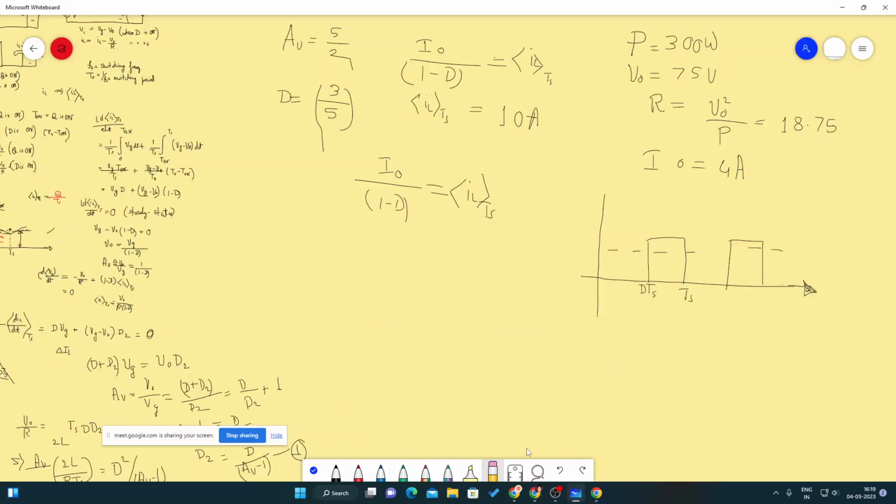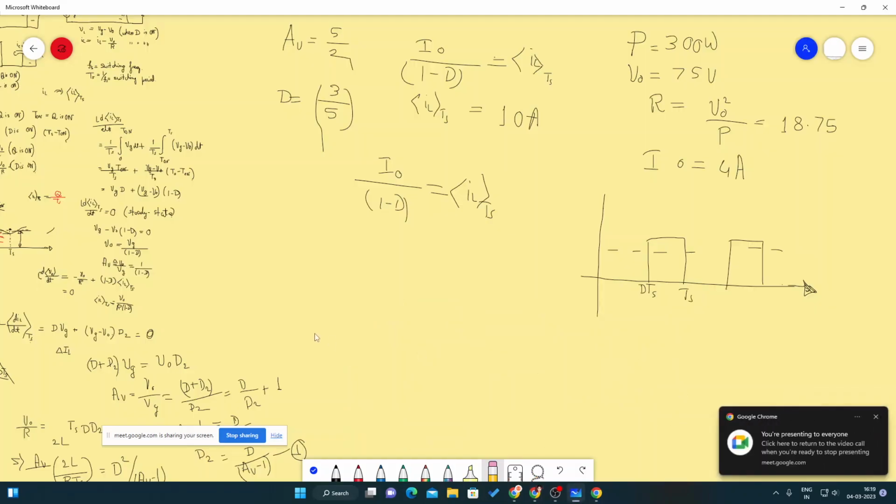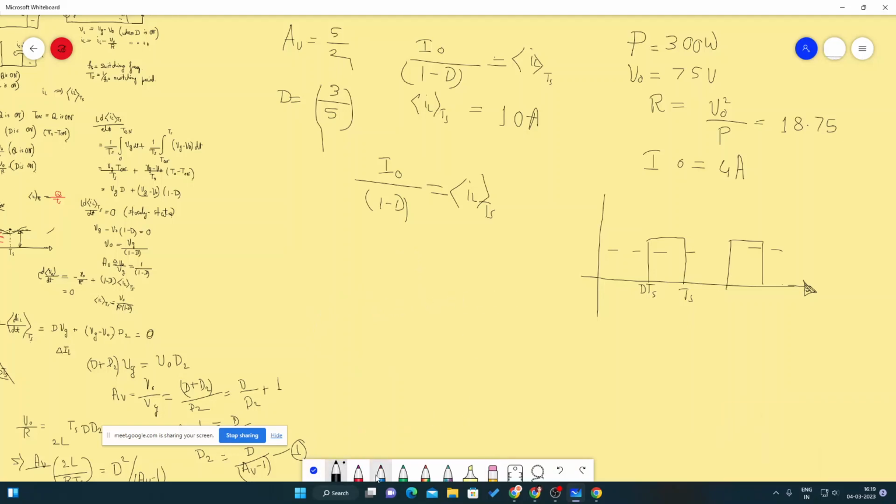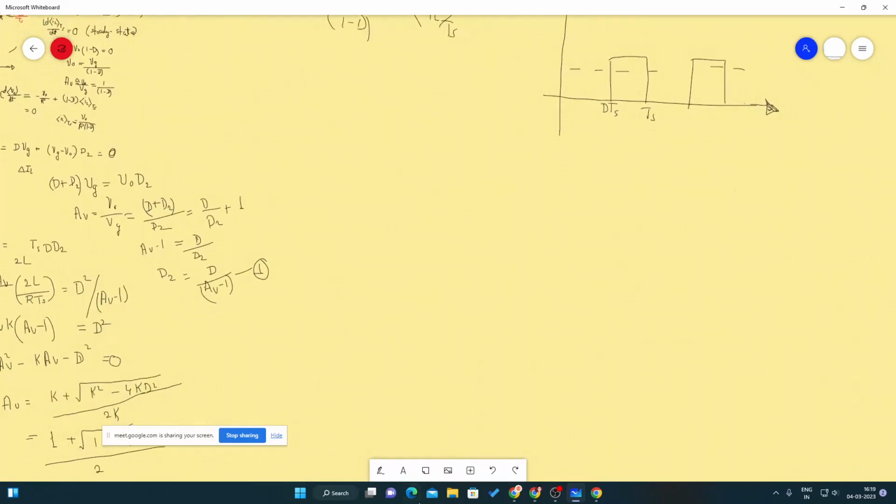Okay, so inverter, somebody was asking. Inverter is very simple. It has 4 switches.